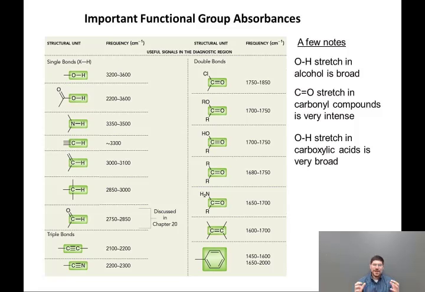Then you get to the stretches of carbon-carbon and carbon-nitrogen triple bonds. So the functional groups present here are the alkyne carbon-carbon bond and the nitrile. They both show up in the same region of the spectrum.